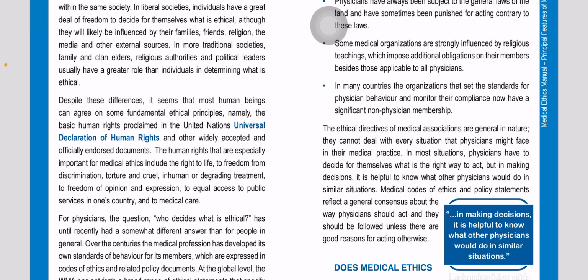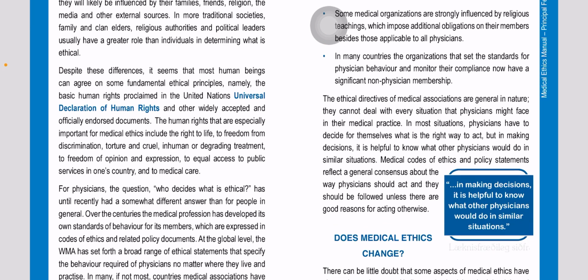Despite these differences, it seems that most human beings can agree on some fundamental ethical principles. Though there are differences due to upbringing or due to the practice in certain countries, there are similarities, namely the basic human rights proclaimed in the United Nations Universal Declaration of Human Rights. So there are common concepts, fundamental ideas that we share, as a general rule.